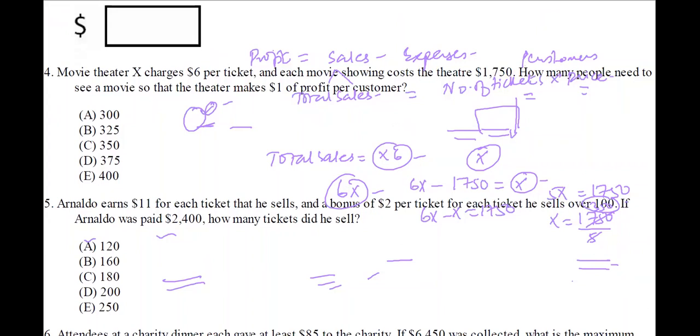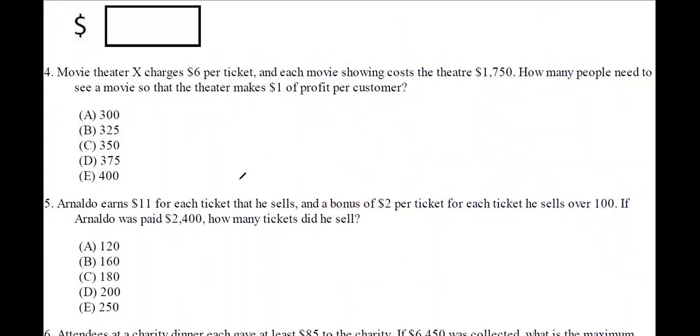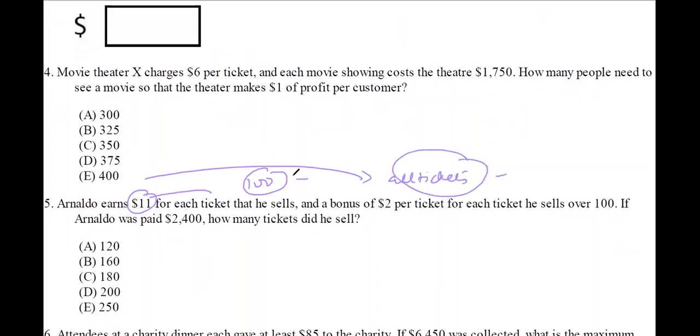What I am trying to say is that you're not just getting 1100 on 100 tickets, but you're getting $11 on all the tickets, right? Is your equation satisfying that part?